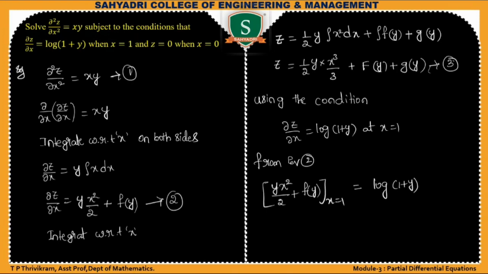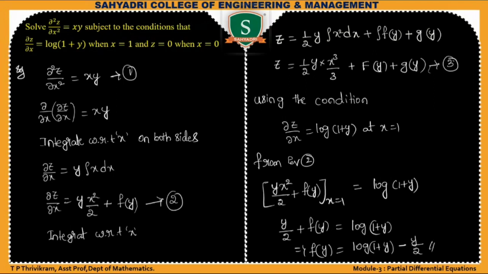Okay, substitute x equal to 1, y by 2 plus f of y is equal to log of 1 plus y. So implies f of y will be how much? Log 1 plus y minus y by 2. Fine.